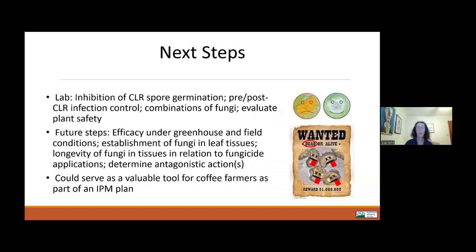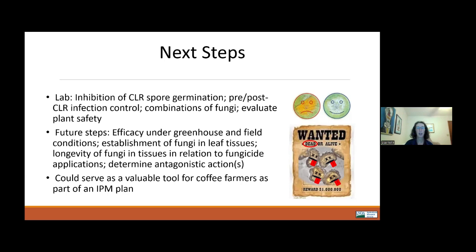As far as the next steps for these mycoparasites in the lab, we want to show that they are inhibiting actual spore germination. We want to do more work with a pre- or post-infection control, again, for protection versus a curative effect. We will try to look at combinations of fungi, and we definitely want to see if any of these isolates potentially have any adverse effect as a plant pathogen; we would rule those out immediately.